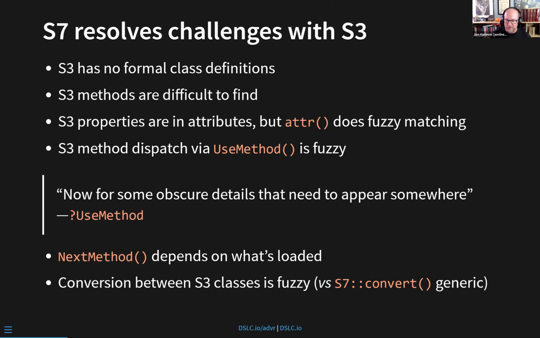But there is a convert generic in S7 that you can use to formally say, when I convert this thing to that thing, this is what I want to happen. So these are the things that they wanted to address from S3. And I'm sure there are more. They have all their meeting notes on the package down site for S7. So if you really are interested, you can dig through. There's the original proposal and all the meetings they had to figure out what it should be.